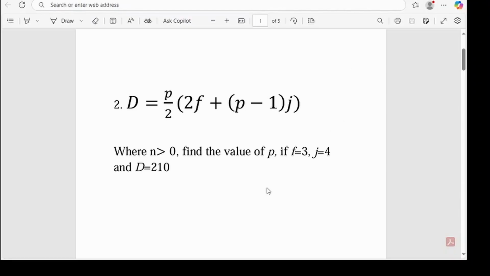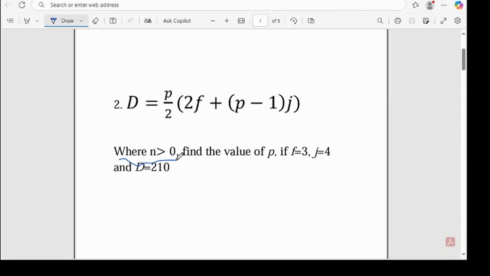Find the value of p if f equals 3, j equals 4, and d equals 210.